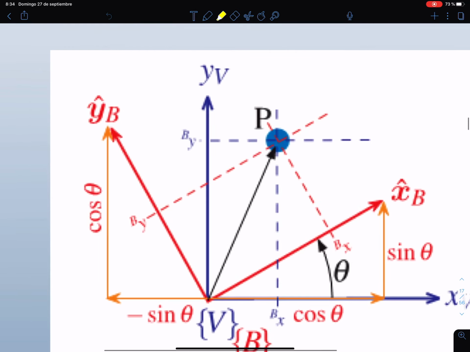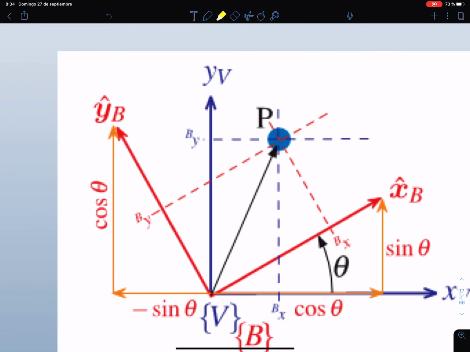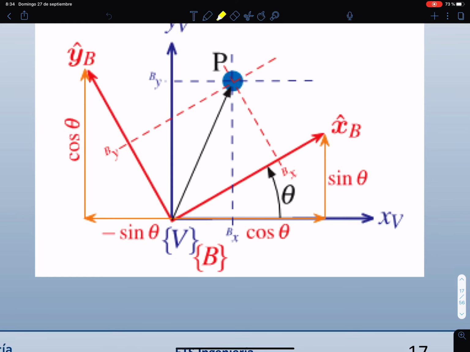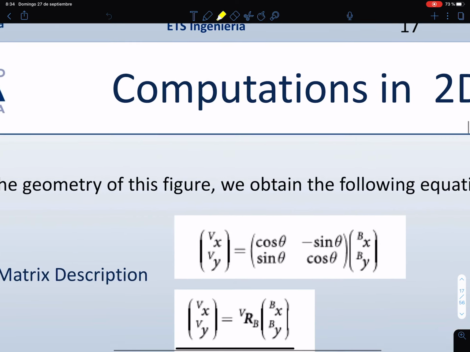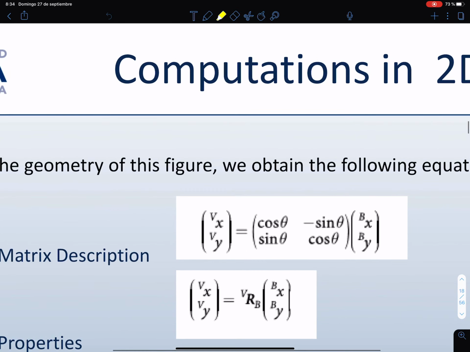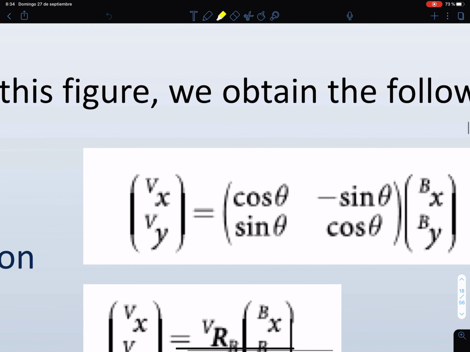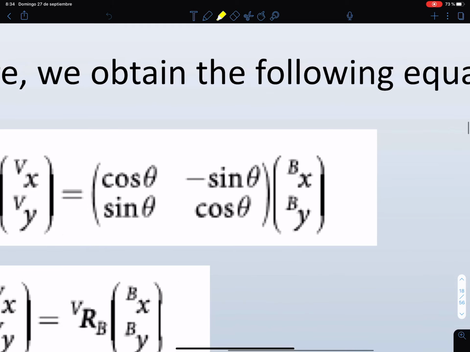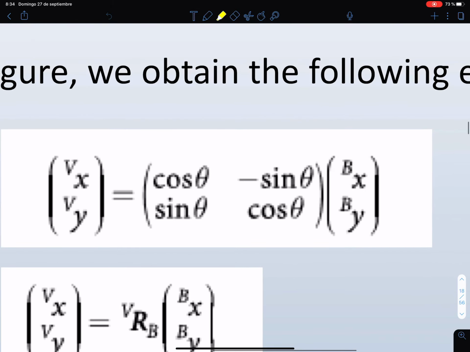Well, now as the real P point has neither XB nor YB coordinates 0, the projection on the XV axis will be the sum of these two values, okay? And this is what leads us to the expression given by, try to analyze the first row of these equations. XV equals cosinus of theta multiplied by XB minus sinus theta YB.